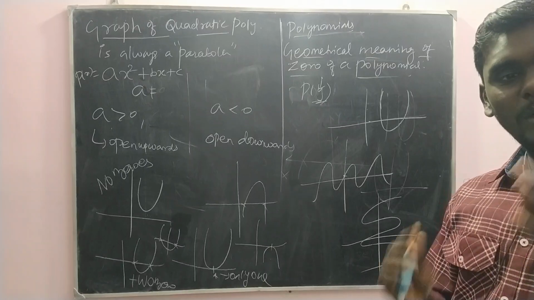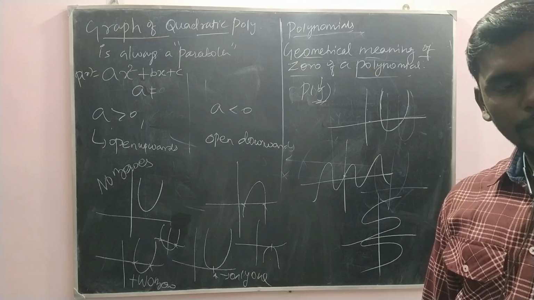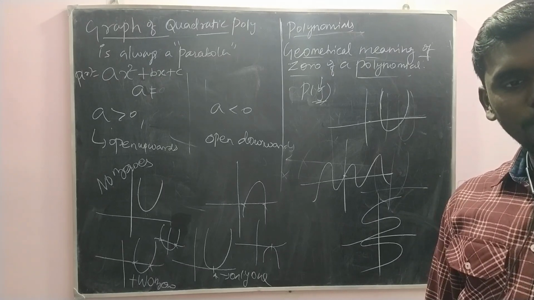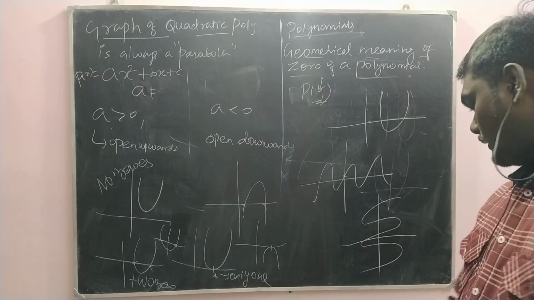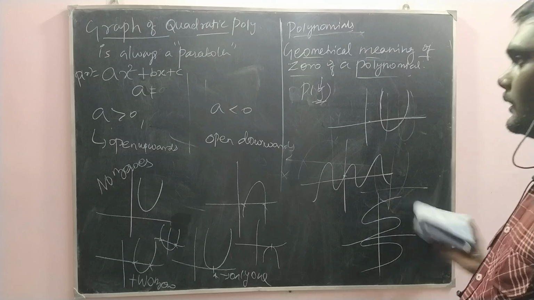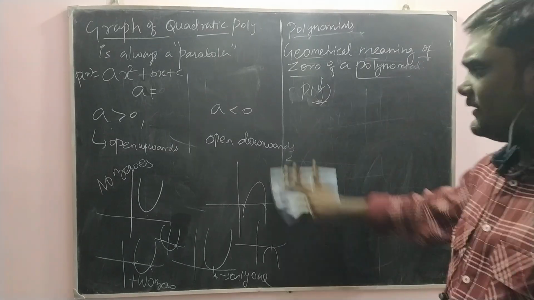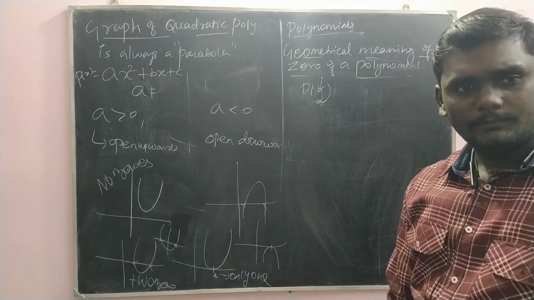Now answer me, how many zeros does a cubic polynomial have? What is it? At most 3. Okay. Now another thing. We saw these curves, right? What about the straight line? Shall I erase this? Are you noting this?